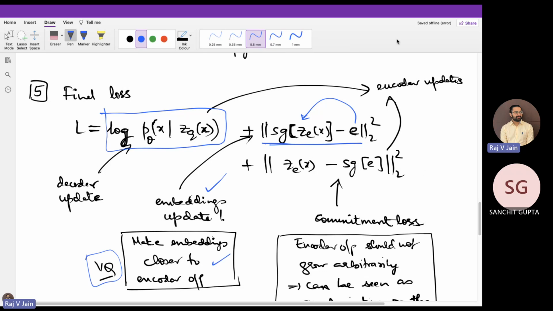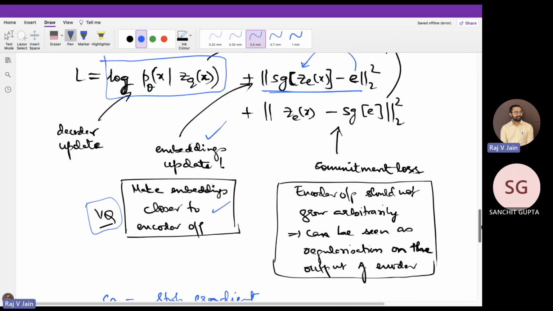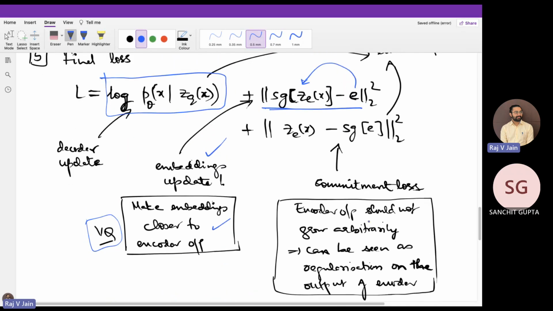Now they have also added a third term, which they call commitment loss. What they're saying is that the encoder output should not grow arbitrarily large. So they're adding some sort of regularization on the output of the encoder, saying that whatever your encoder outputs, it should be close to the embedding vectors that we have.